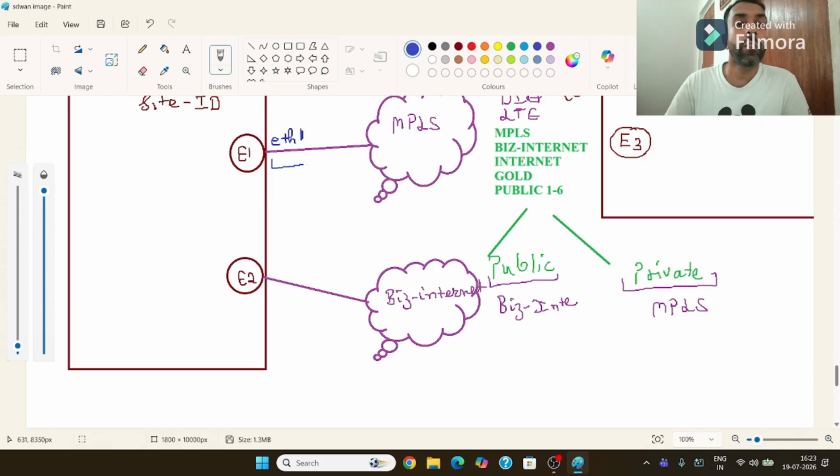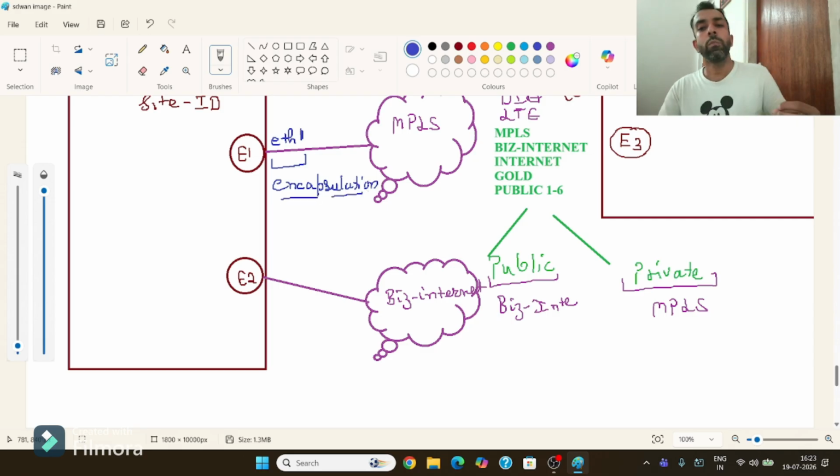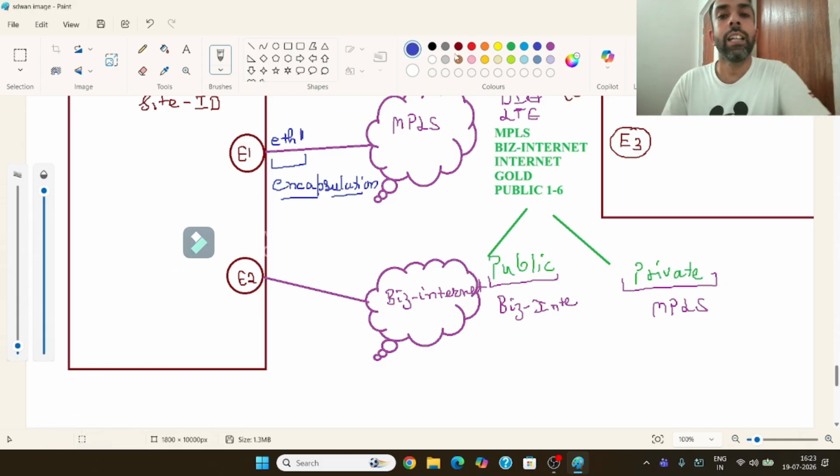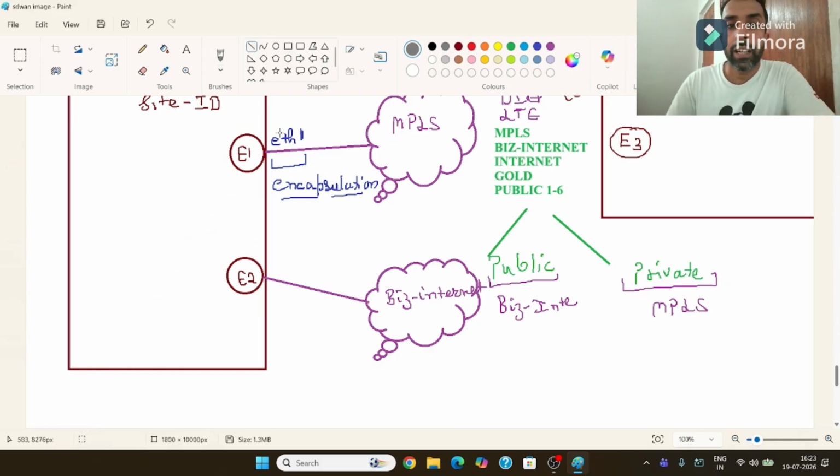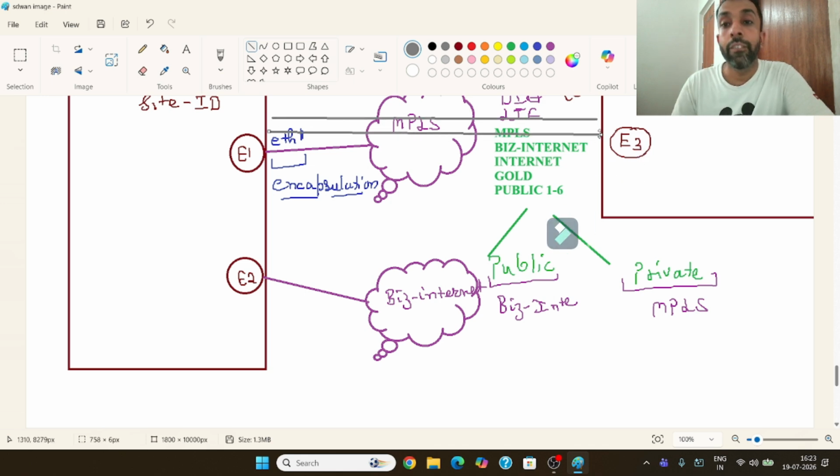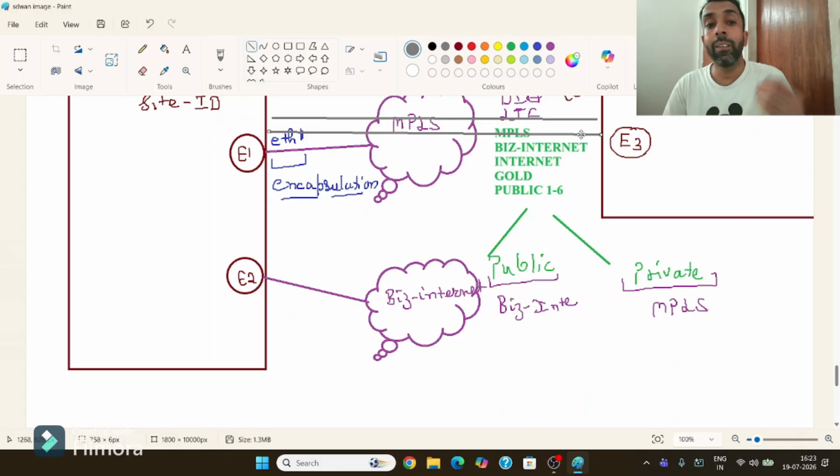When I'm going to configure this particular interface, I will define the encapsulation. Encapsulation is important to define. Encapsulation means E1 is going to create a tunnel with the E3 router. Which encapsulation will be used?